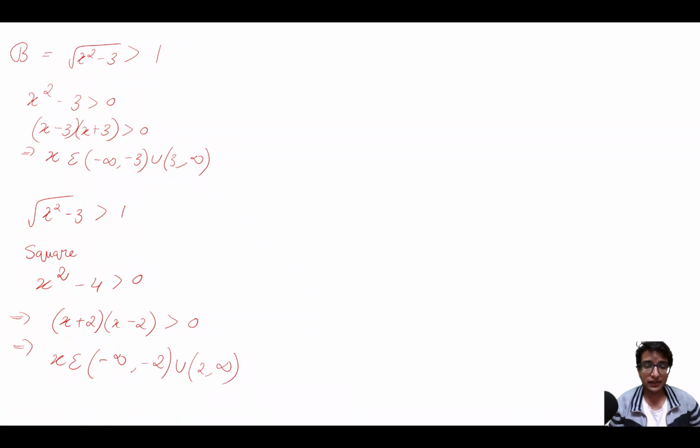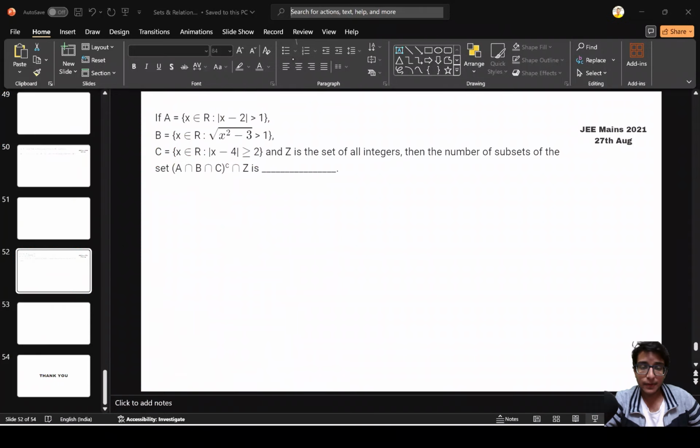Now I'll check whether this value and this value, I have to take intersection, right? Because x should satisfy these values. This is the domain of x, the domain that x needs to satisfy in any case. And these are the values that we are getting from solving the equation. So upon intersection, what do we get our B values to be? It would again be from minus infinity till minus 3.